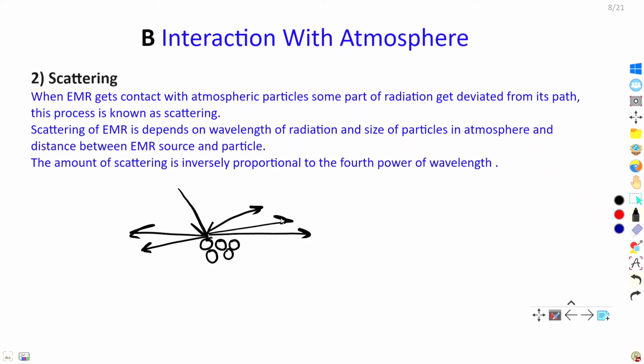The dispersion, or we can say diffusion, of the incident ray in other directions is known as scattering. And scattering depends upon two things: the wavelength of radiation and the size of particles in the atmosphere. These two affect atmospheric scattering. Also, the amount of scattering is inversely proportional to the fourth power of wavelength.